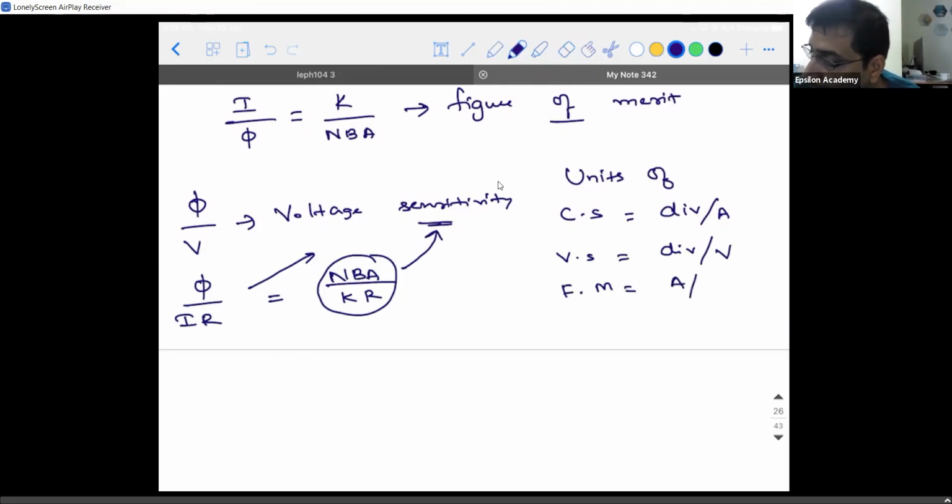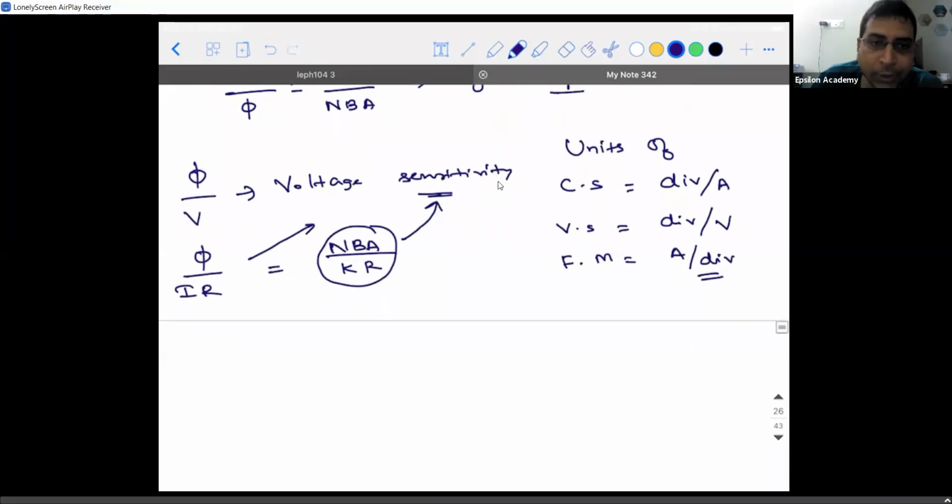It will be ampere per division. Okay. So I hope you guys made a note of all these points.